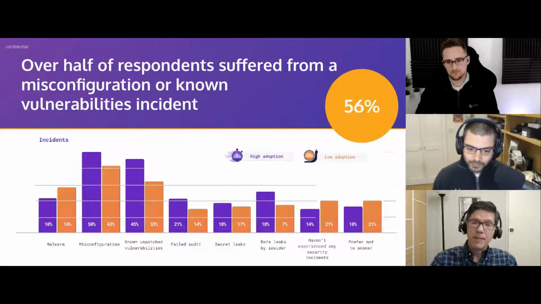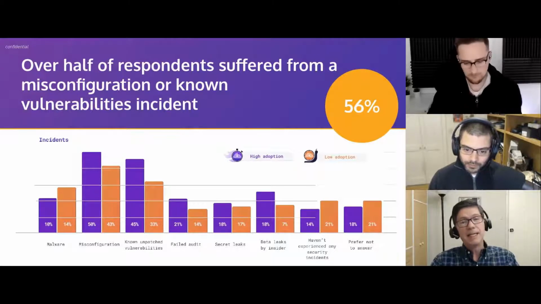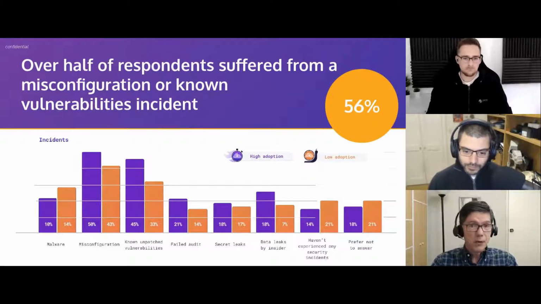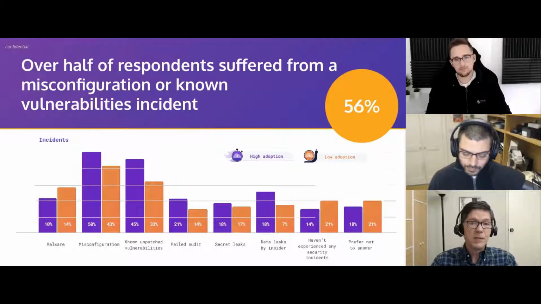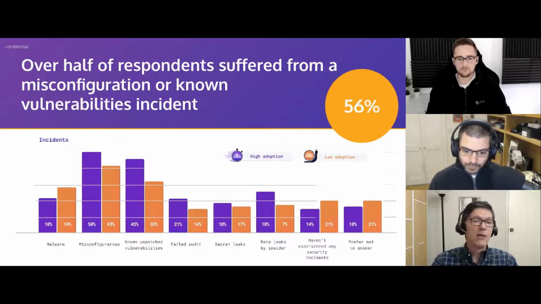And the problem is that open source software is full of vulnerabilities, and these vulnerabilities are being exploited. So it's likely that your respondents know about all this, and that's another reason why they're reporting increased security concerns, especially those high adopters.